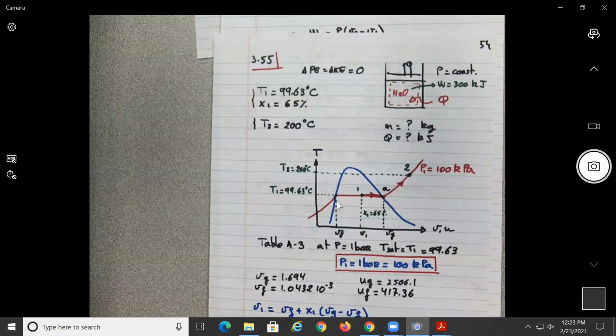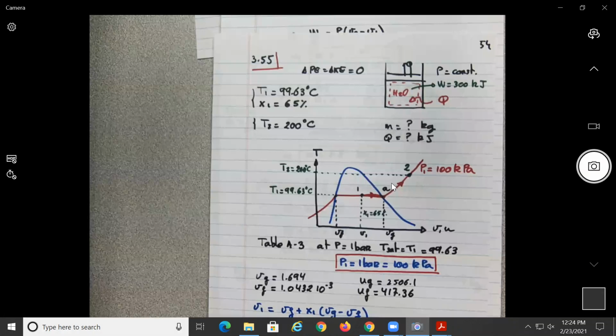The only thing that this figure wasn't good for is to see what the work is. The other figure was actually better for this one, because what do we know between 1 and 2? The pressure is constant, so it's a constant pressure process from 1 to 2.